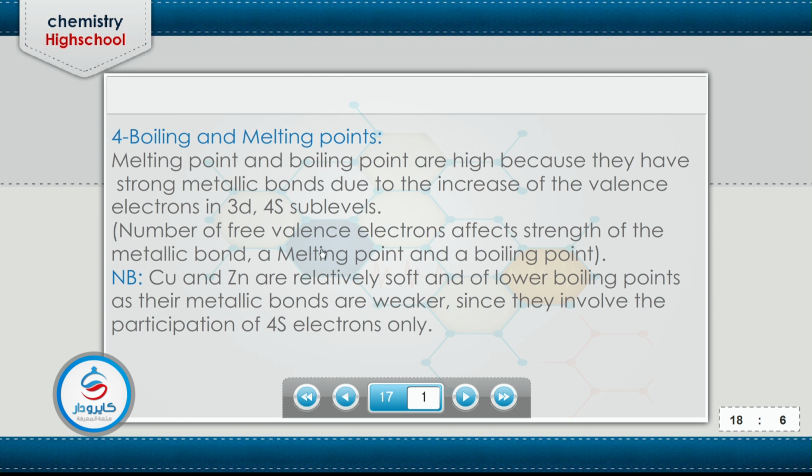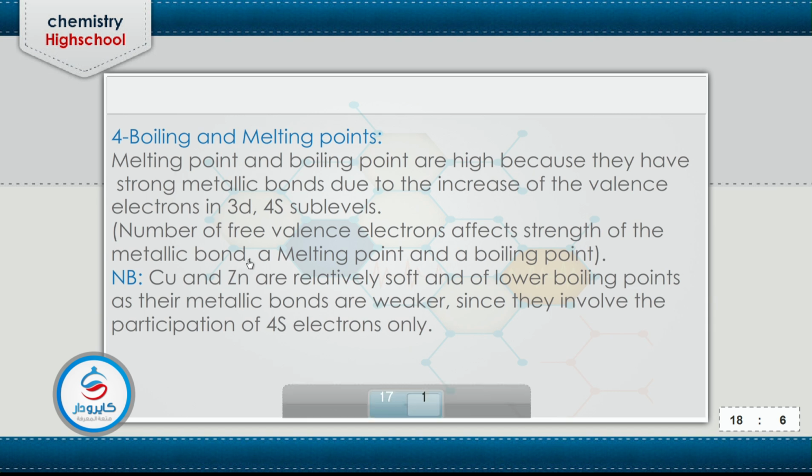The number of free valence electrons affects the strength of the metallic bond, melting point, and boiling point.